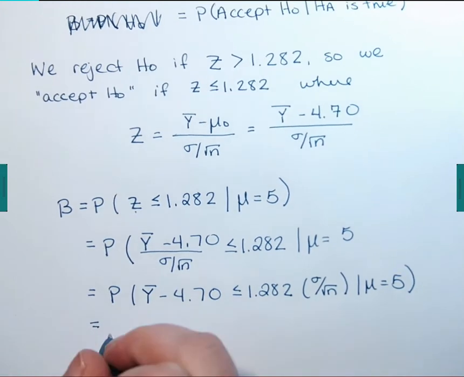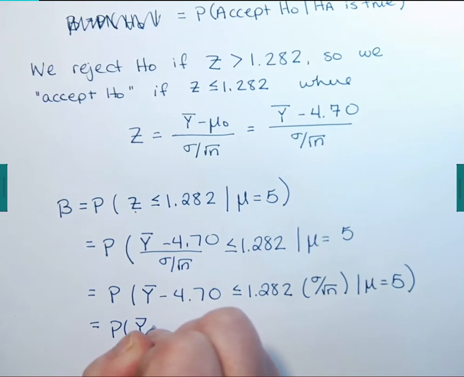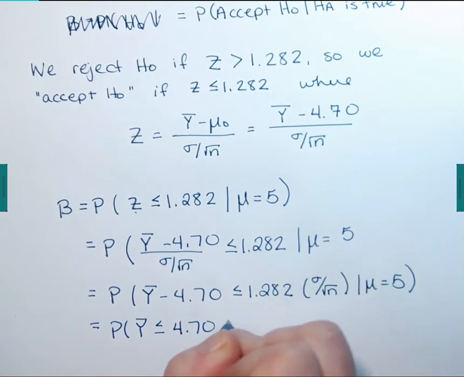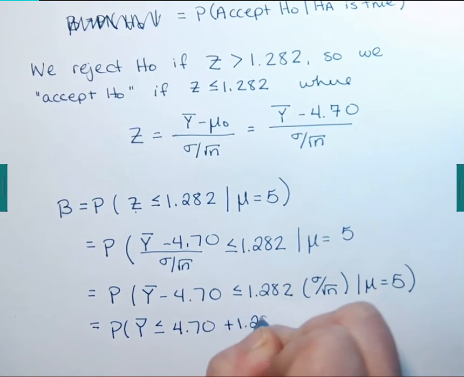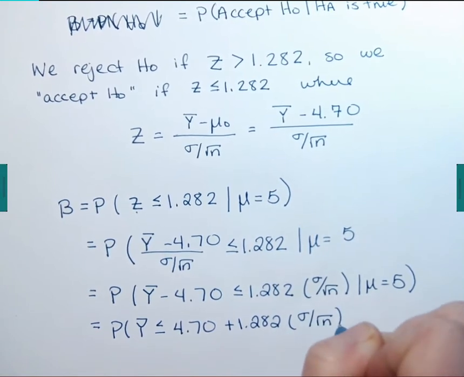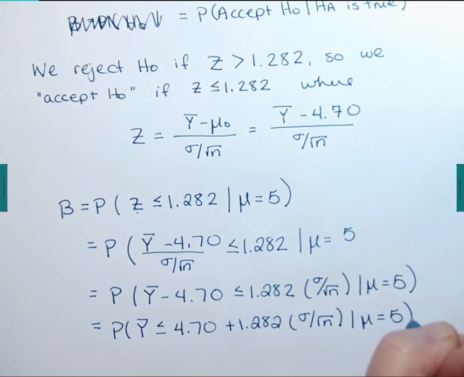And so this is equal to the probability that y bar is less than or equal to 4.70 plus 1.282 times sigma divided by the square root of n. And again, this is given that mu is equal to 5.